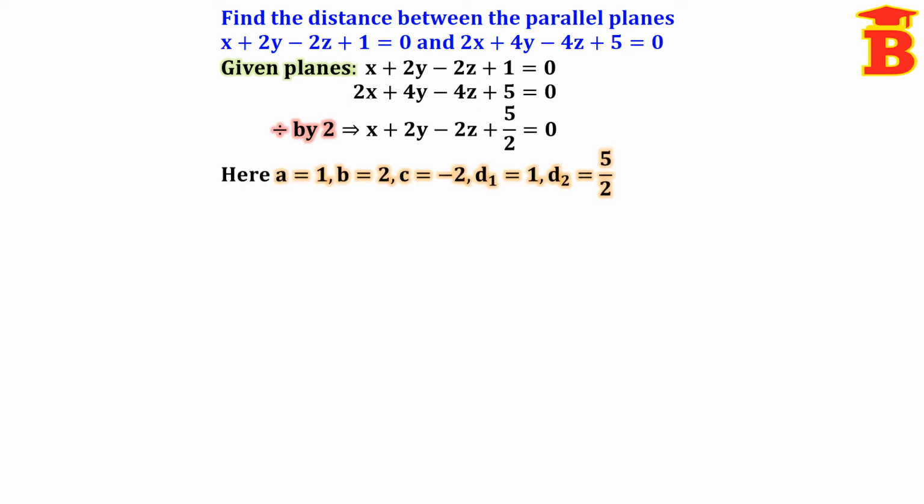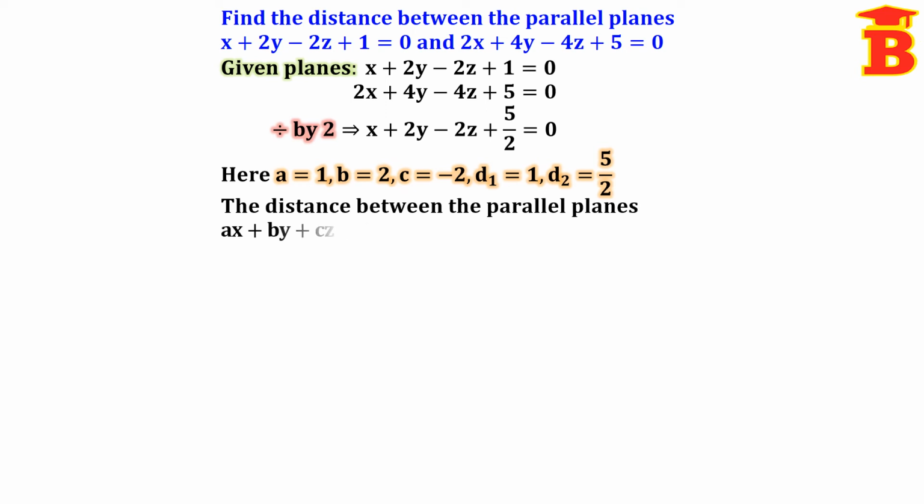So here x coefficient is a, so a value 1, and y coefficient is b value 2, z coefficient is c value minus 2, and d1 is first plane constant 1, d2 is second plane constant 5 by 2.